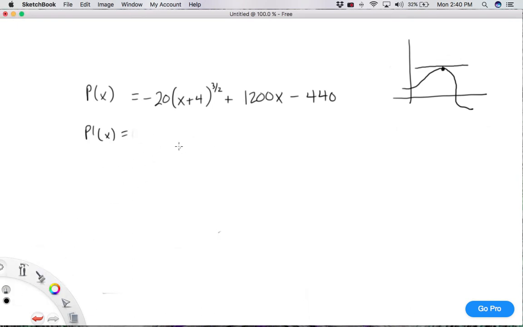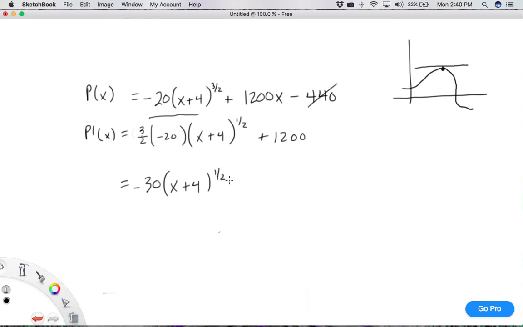Okay, so the derivative of this piece is going to be 3/2 times negative 20 times (x plus 4) to the 1/2 plus 1200. This piece goes to 0. Okay, so this is going to be negative 30 times (x plus 4) to the 1/2 plus 1200.